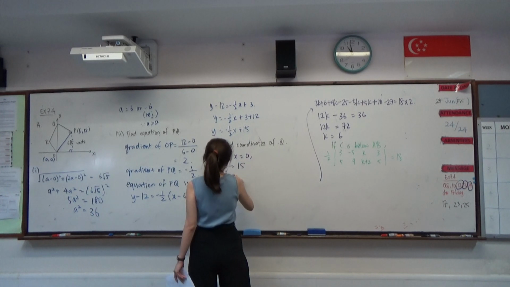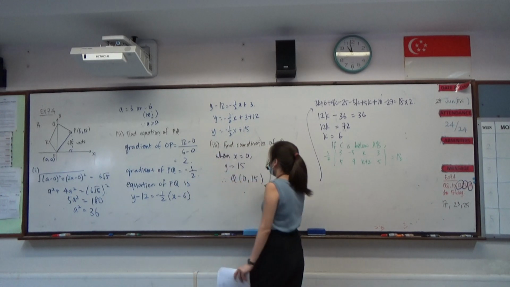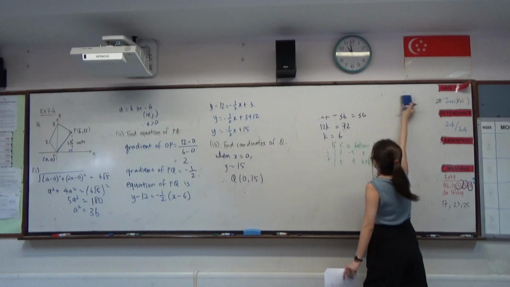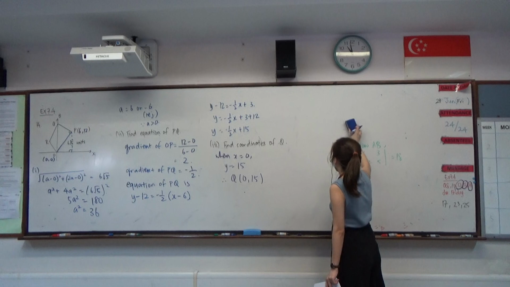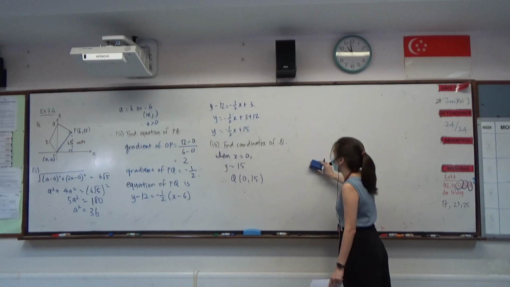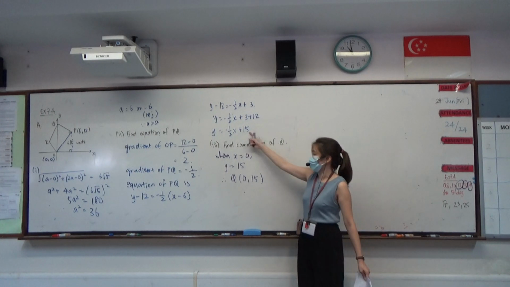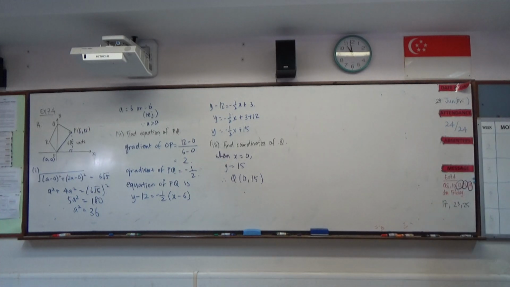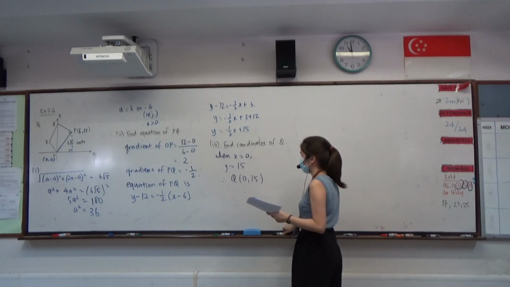So we see Q is equal to (0, 15). Otherwise, you can recognize that Q is actually the y-intercept of the line PQ. So the y-intercept value is 15. We can directly get the coordinates of Q as well. So actually working is not entirely necessary.